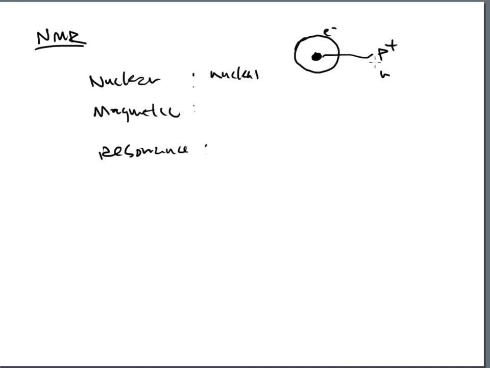Now let's talk about magnetic. Magnetic in this sense means that we are going to have to apply a magnetic field on these molecules in order for them to work the way that we want them to work. Just like a magnet, and many times in general chemistry, we've talked about a positive and a negative end, and we are going to be playing around with charges.